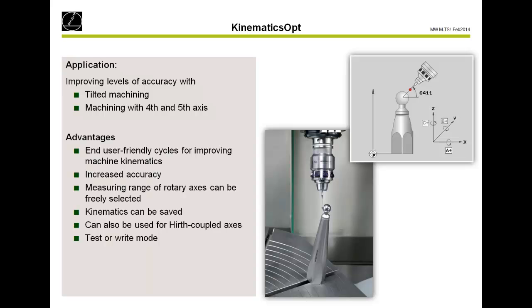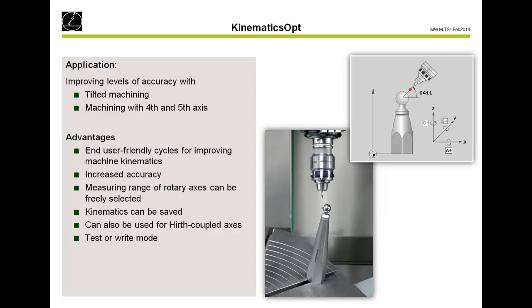In the kinematic description the turning points of your round axes are defined. They are defined once by the machine tool builder. But if you get a difference because of temperature or machining processes, then you can use KinematicsOpt to set again the round positions of your axis.